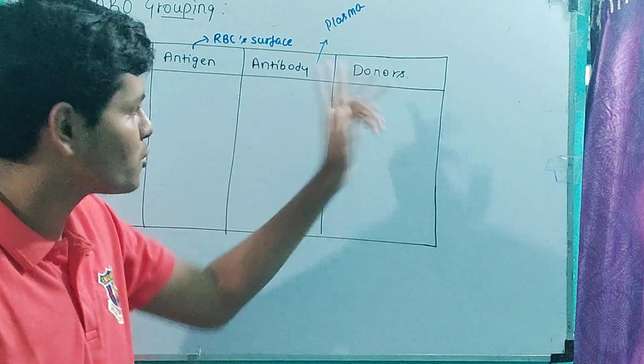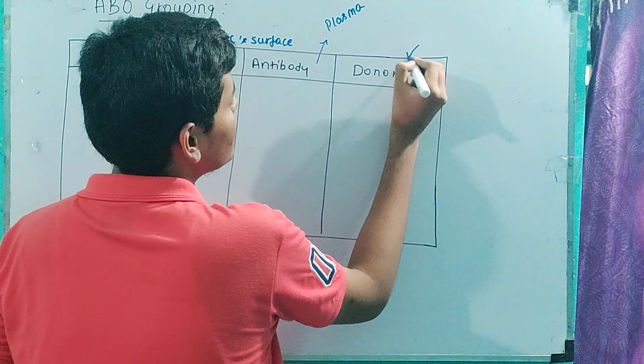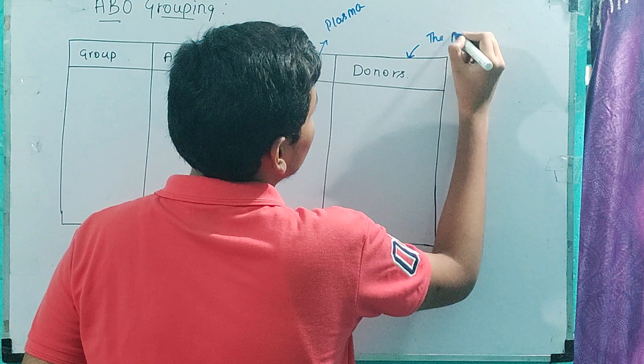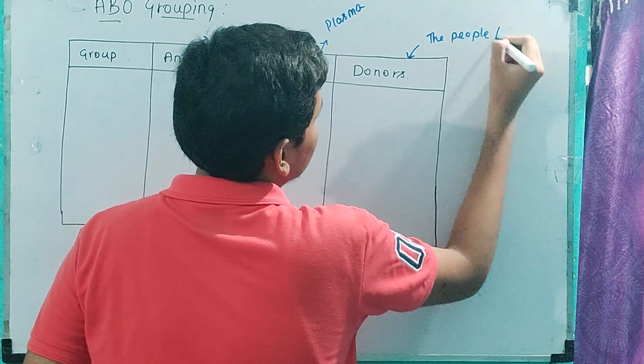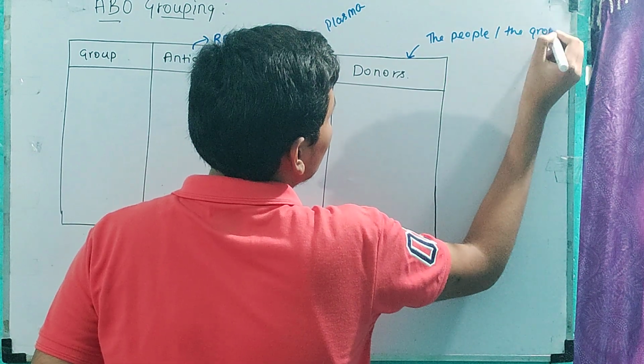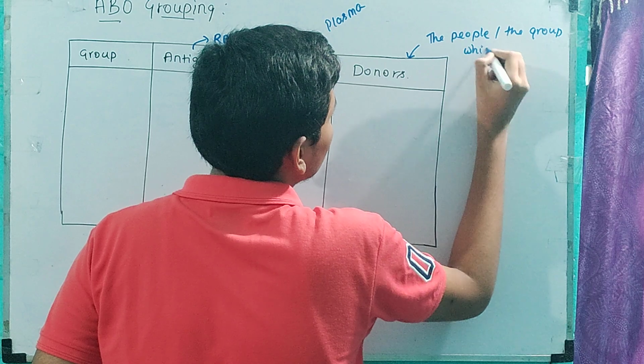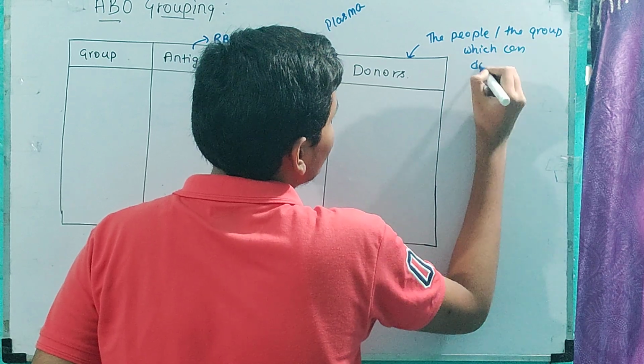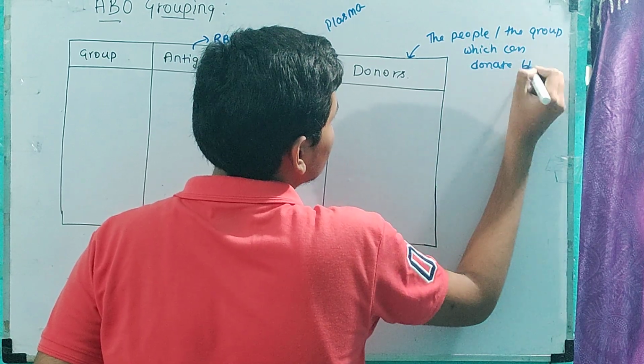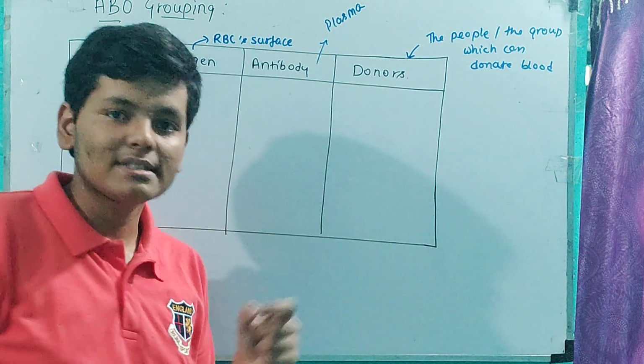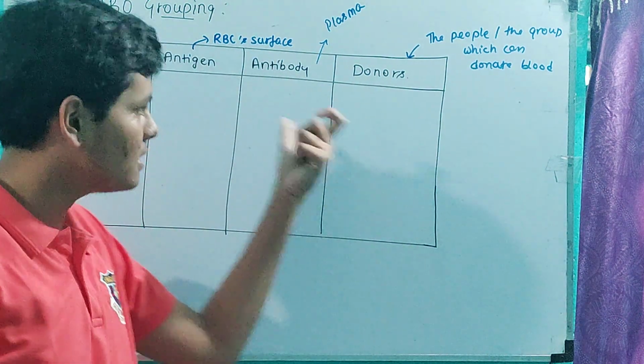Then we have this donor. The donor is nothing but the people or the group which can donate blood. So we will also understand who can donate blood to whom in this table.